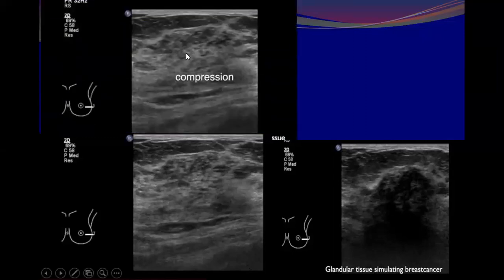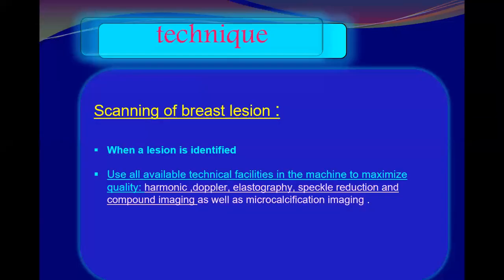So this is the image with pressure, and this is the image without pressure. Sometimes pressure is really helpful to distinguish a lesion from a pseudo lesion, like a fat lobule, or like amalgamated, pressed glandular tissue with shadowing due to sound absorption.